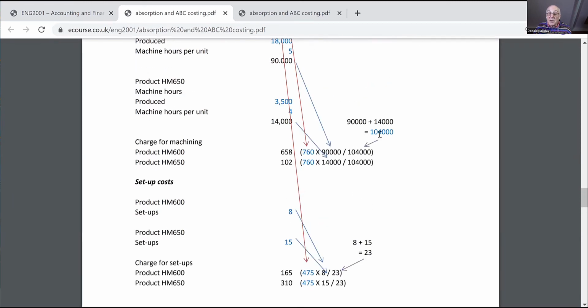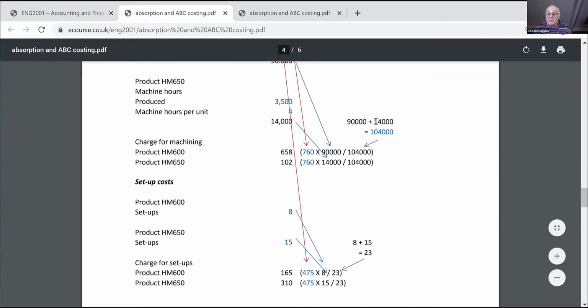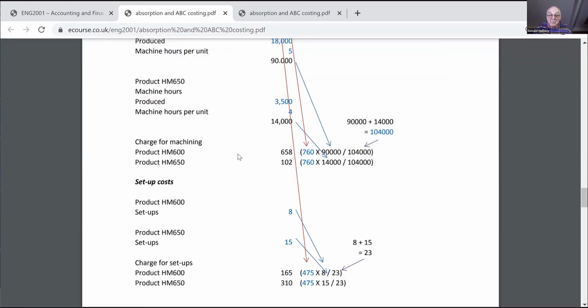We take 90,000 over 104,000 for product HM 600, and 14,000 over 104,000 for HM 650. And that allocates or divides up the portions: 658 for product HM 600, and 102 for product HM 650.